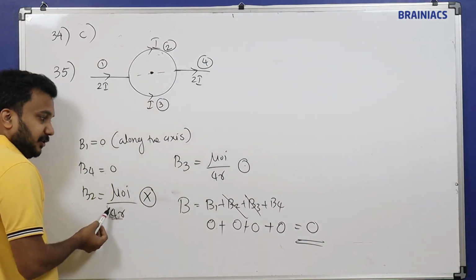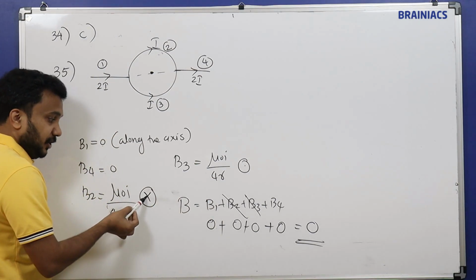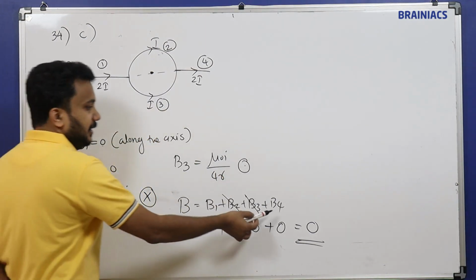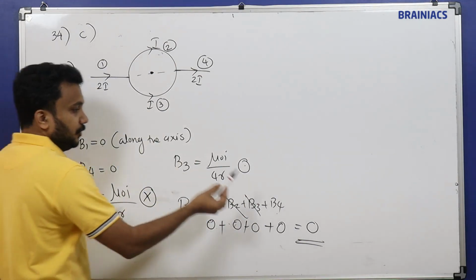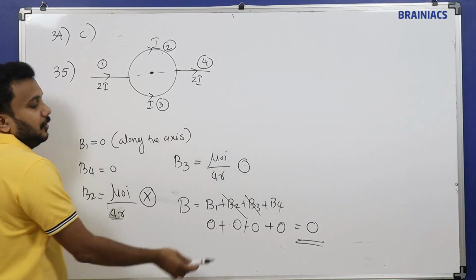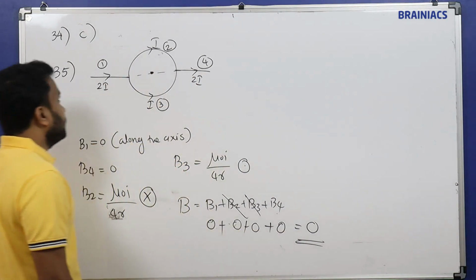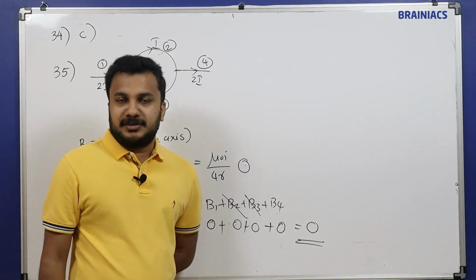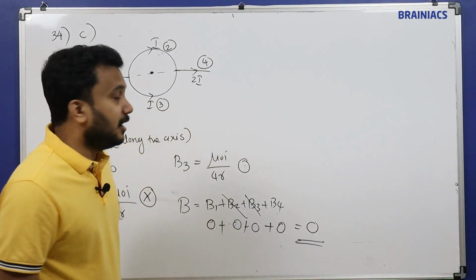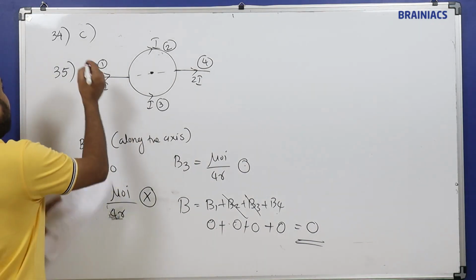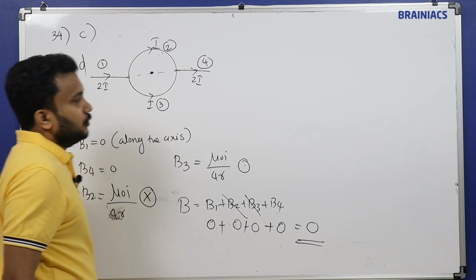Both are equal in magnitude but in opposite direction, into the board, out of the board, both will cancel, it becomes 0. Then finally B4 is also equal to 0 because it is along the axis. So all are 0. Answer to the question is also 0. This is an interesting kind of question. The same model of questions may come for the upcoming NEET and JEE examinations. So 35 answer is option D.